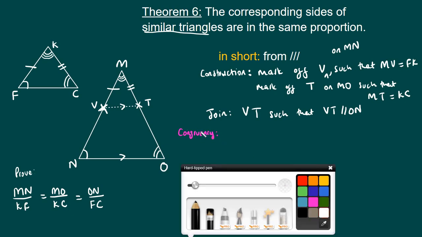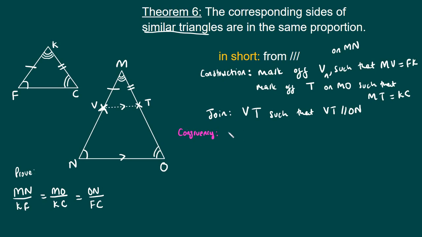When you are proving the congruency part, you are now going to say in triangle KFC and triangle MVT, meaning the newly formed triangle, you say KF, you're just going to repeat the statements you said above, KF is equal to MV.